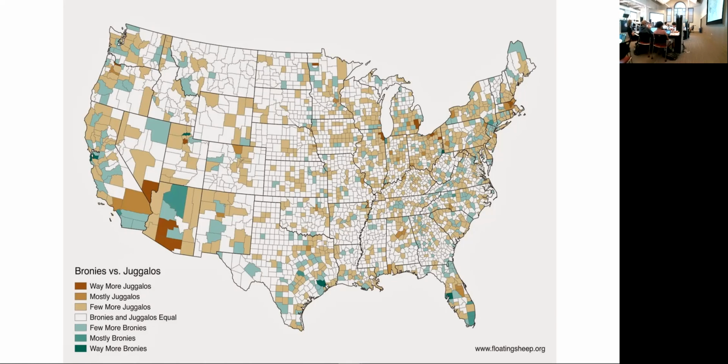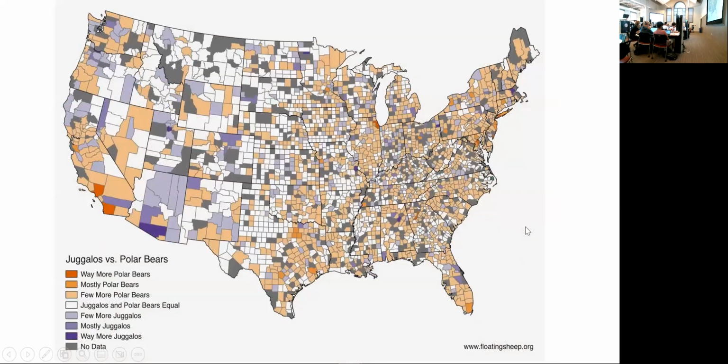Andrew, what are you thinking? Yeah, there are a bit too many colors on this map, and some of the colors are just way too similar, right? The way more juggalos and way more bronies categories are very similar in color, so it's difficult to tell on the map which is which.